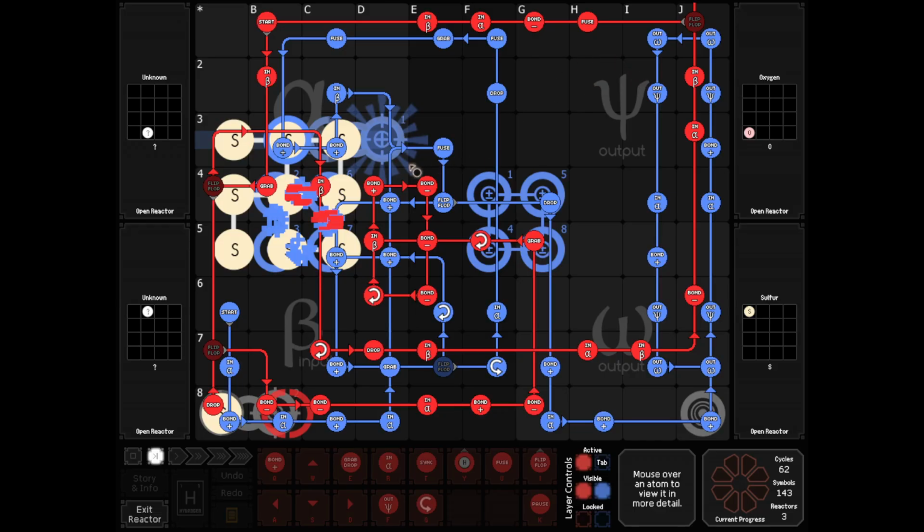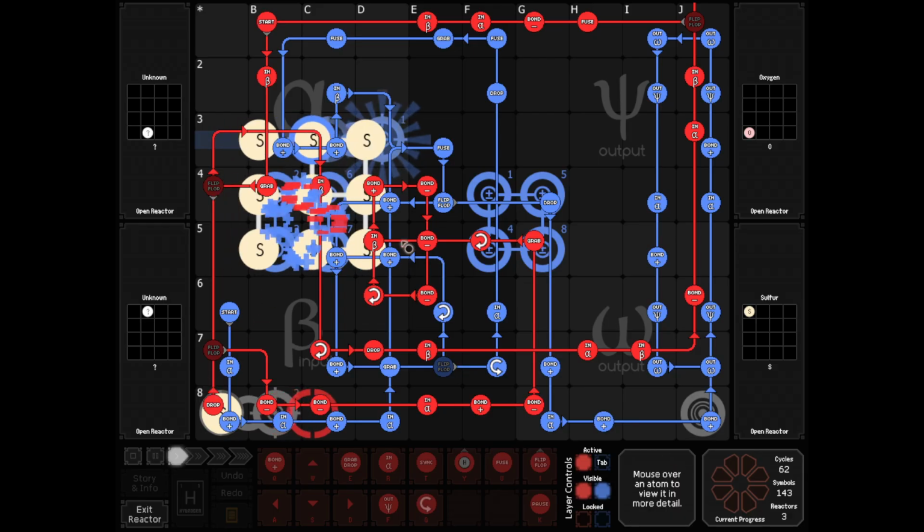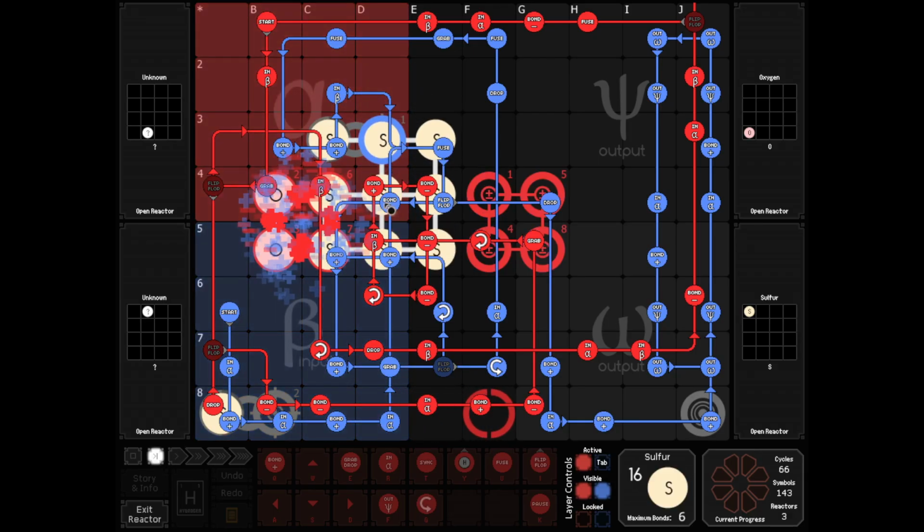So for a reason that you will see soon, we are creating a 3x3 of sulfur right here and even fusing some oxygens into sulfur. And then it bonds. I think that's not actually required. But no. It's required that all of these 8 atoms around here are sulfur.